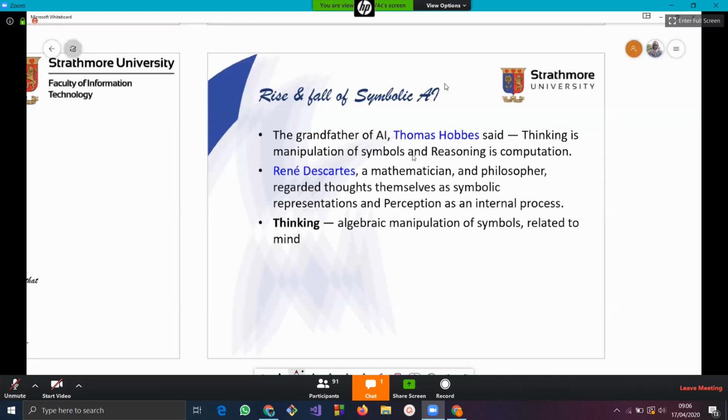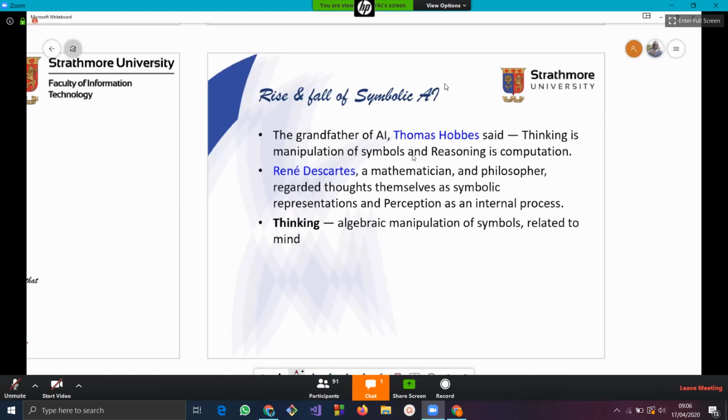Some guys were saying thinking is the manipulation of symbols, and that's how the human brain is working. So to be able to have smart machines, we must be able to represent symbols and manipulate symbols at the same time. And it goes all the way back to some famous philosophers like René Descartes, who is a very famous French philosopher, etc.